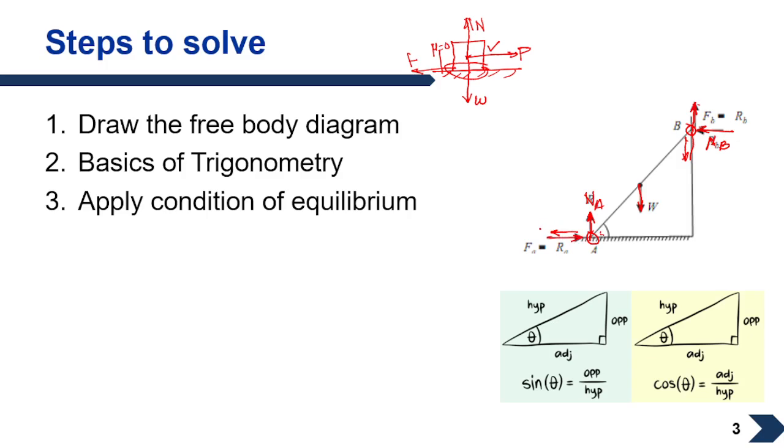This is the free body diagram of a ladder. If you draw it like this, you can easily solve the ladder sum. If the question gives anything extra, you can add that, but this is the basic free body diagram of a ladder sum.